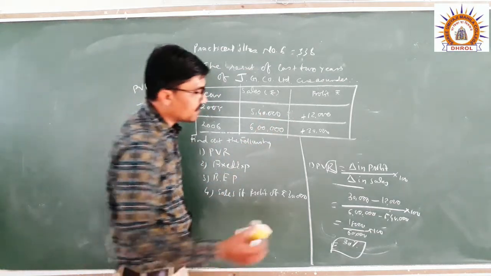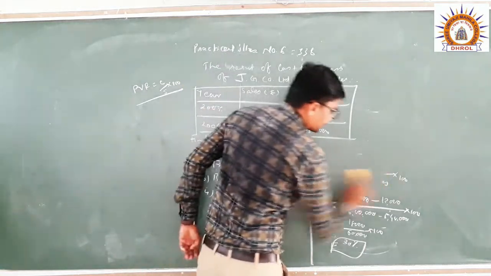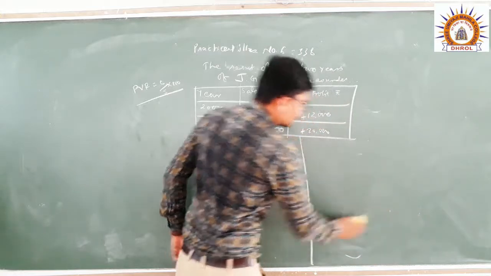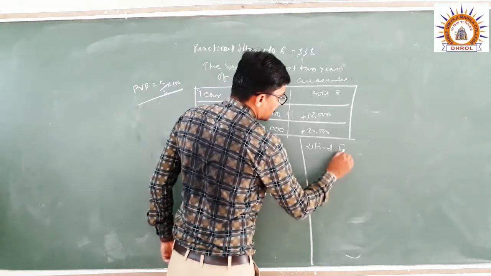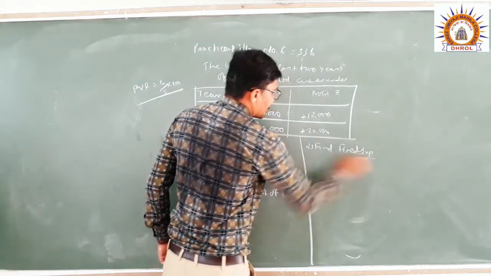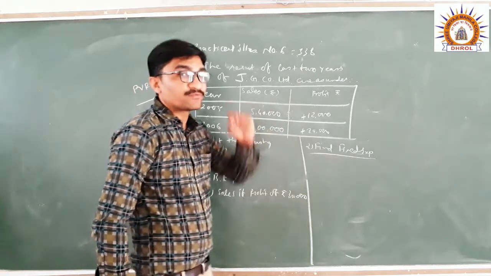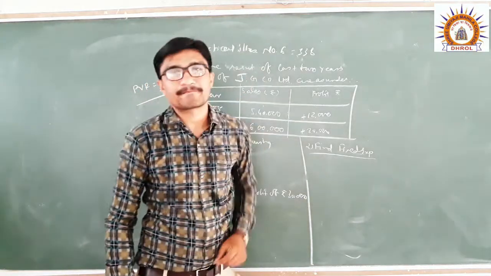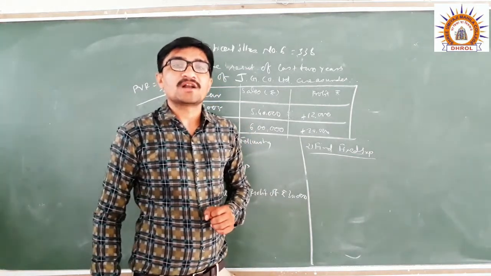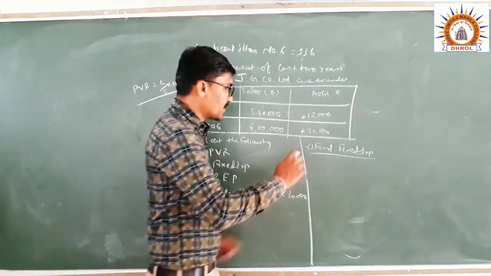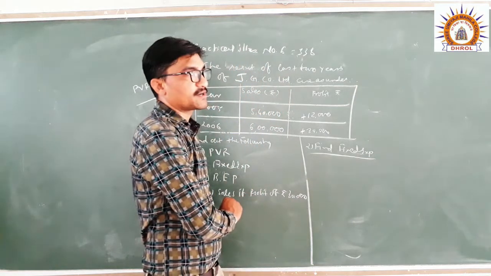Then second thing, find out the fixed expense. How can you calculate the fixed expense? There is one formula: it requires the contribution in total rupees, not per unit, because the fixed expense is required in terms of amount.